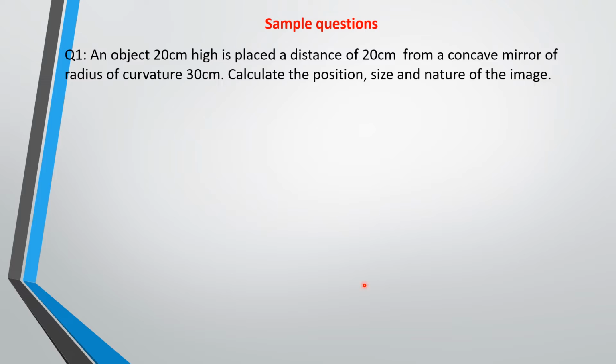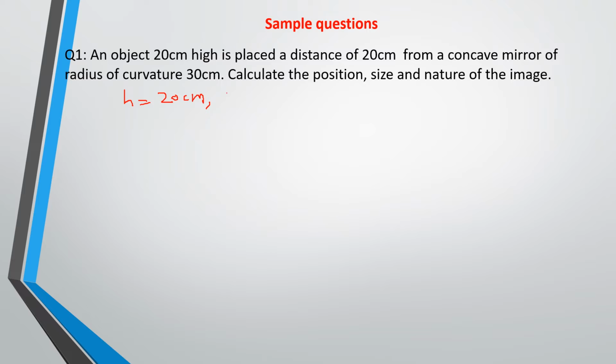Okay, so for this particular question, I'm going to use small h to represent object height and capital H to represent image height. So please pardon me so that we can use that. So h, the object height, is given to us to be 20 centimeters.